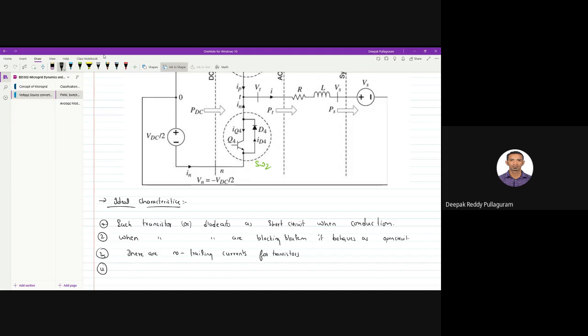And the fourth assumption is the diodes turn off immediately without having any reverse recovery current.